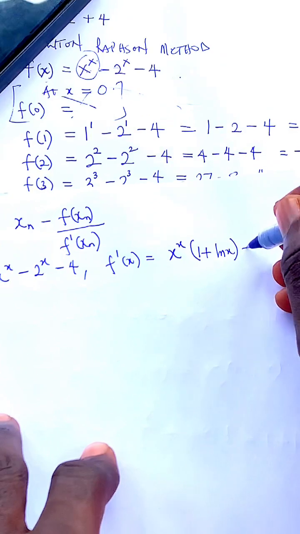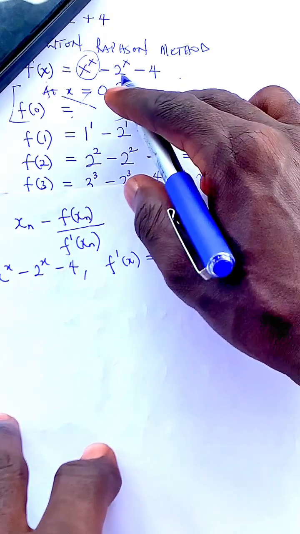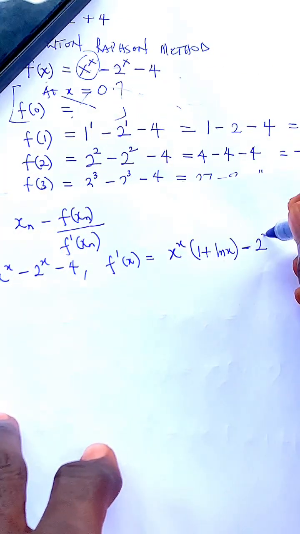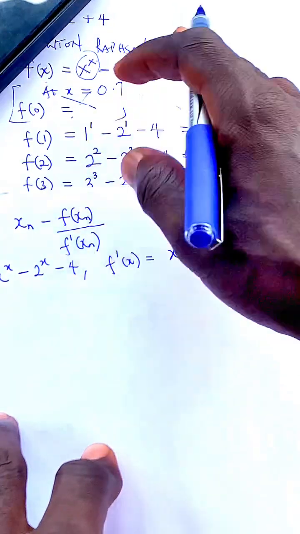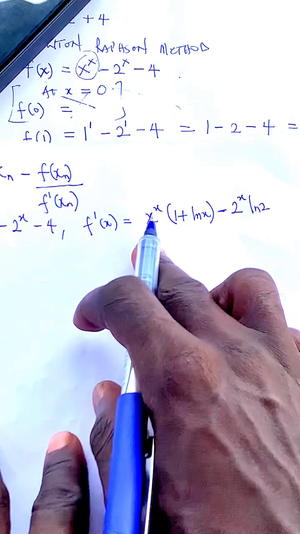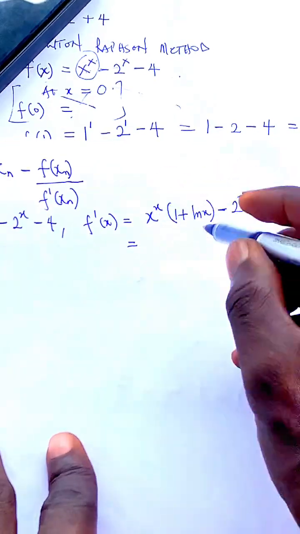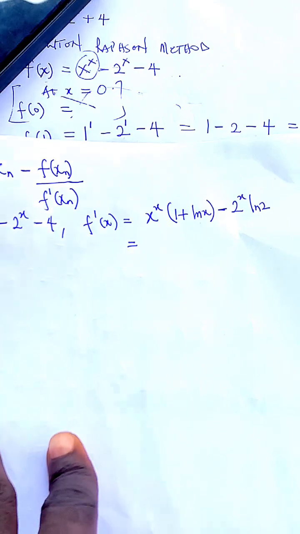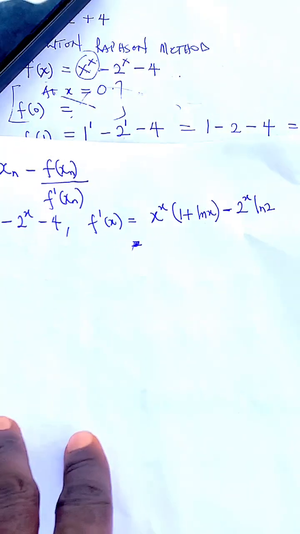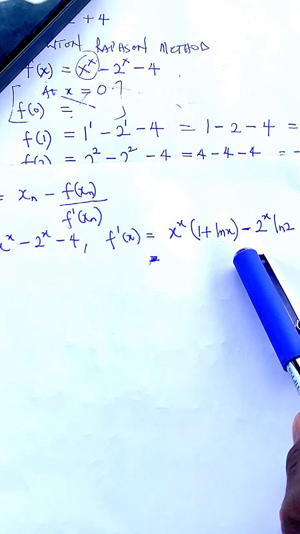Then minus the other one, differentiate this one, is 2 to the power of x ln 2. Here minus 4 is out. All right, which is this.